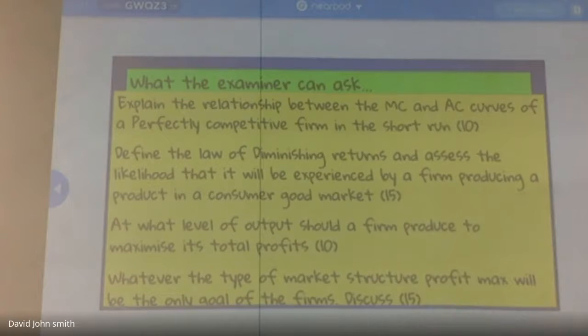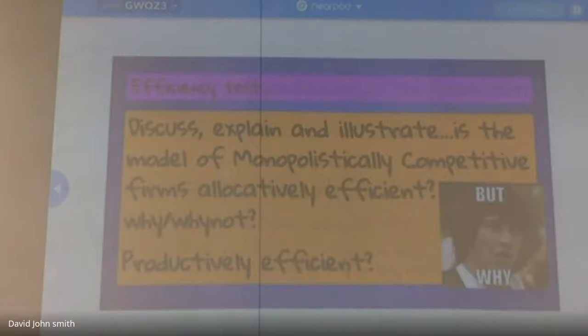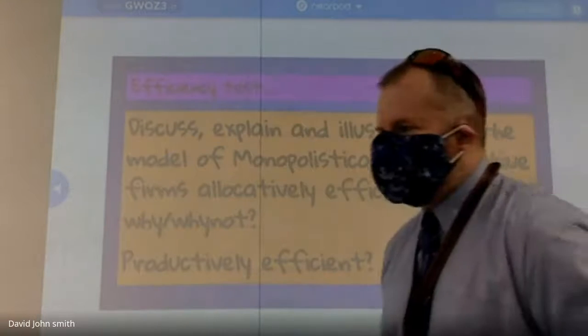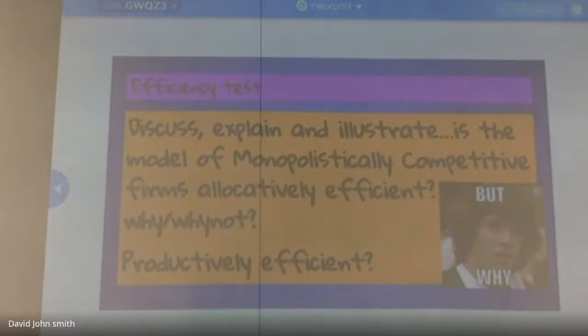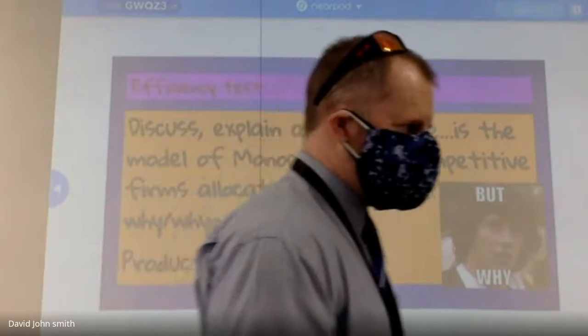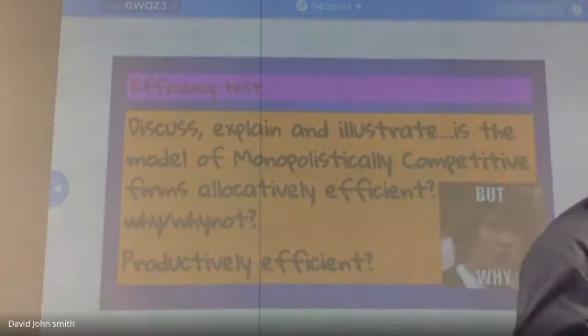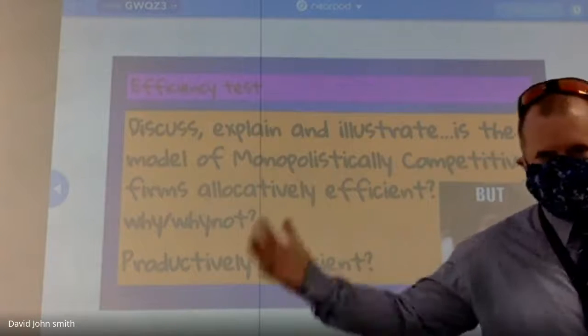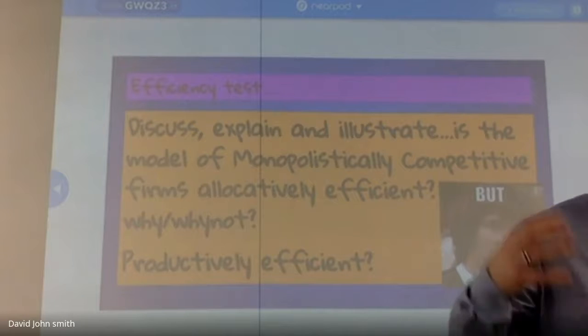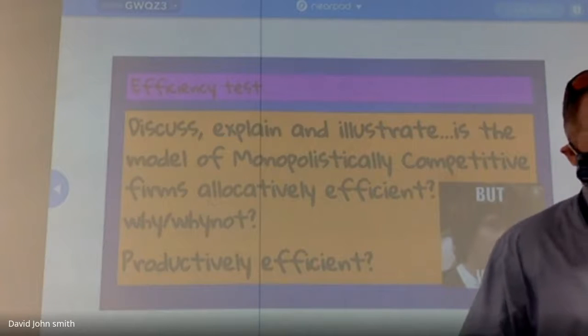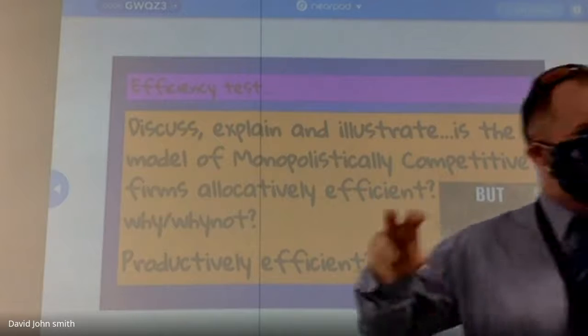Now, we also need to remind ourselves of the idea of allocative efficiency. Because now that we've got these structures built, we need to think about how all of them interact with the idea of allocative efficiency. Are they allocatively efficient? Are they productively efficient? Why and why not? Where does the business have to operate in order for it to be considered allocatively efficient?